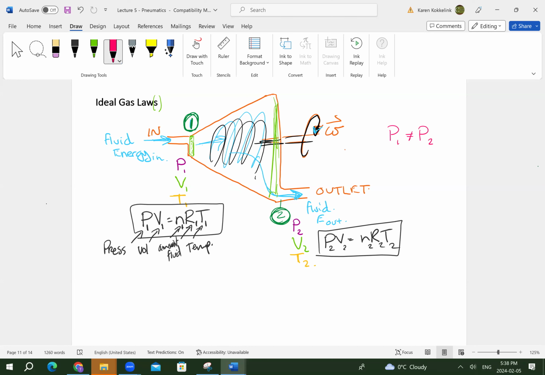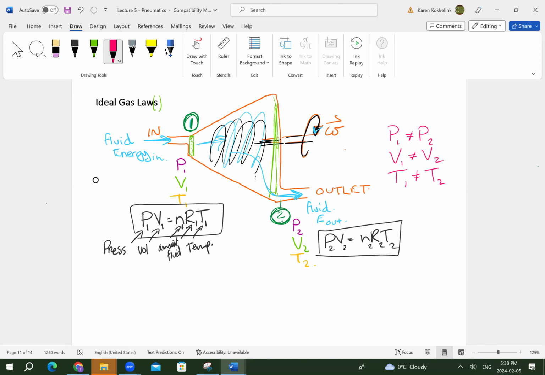We see a different geometry. We see that there's more volume. The volume at 1 is not the same as volume at 2. We can see that from our geometry. And we know likely that the temperature at 1 is not going to necessarily be the same as the temperature at 2, unless some external factors are also added. T1 is not equal to T2.